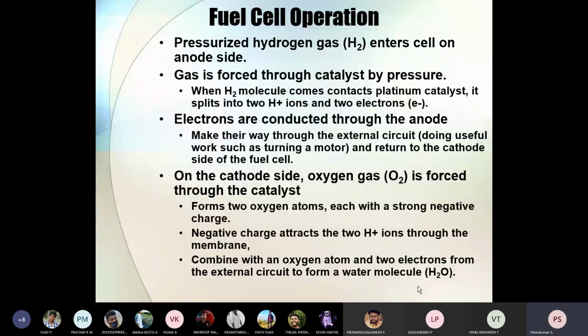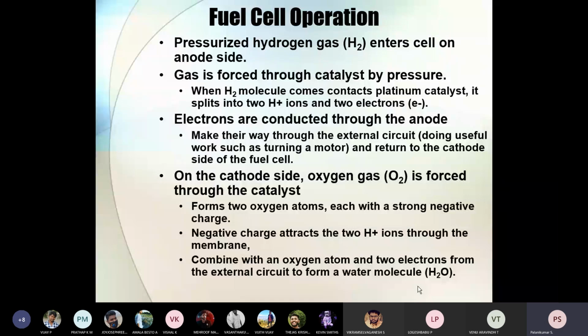Each molecule is capable of splitting into two ions, so two electrons are available. These electrons are conducted through the anode to the external circuit, and they will go around and come back. The membrane prevents the electrons from crossing the separator line.